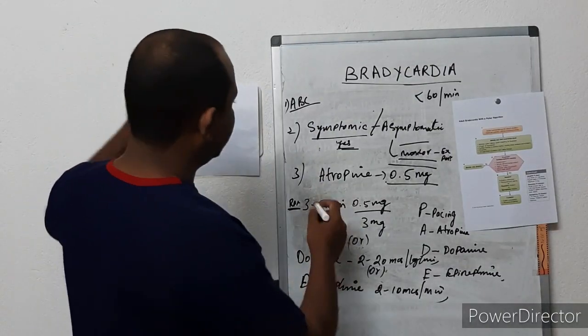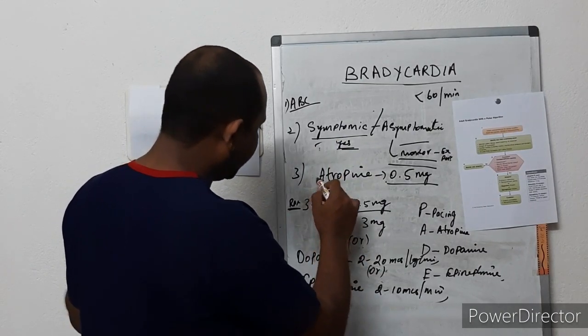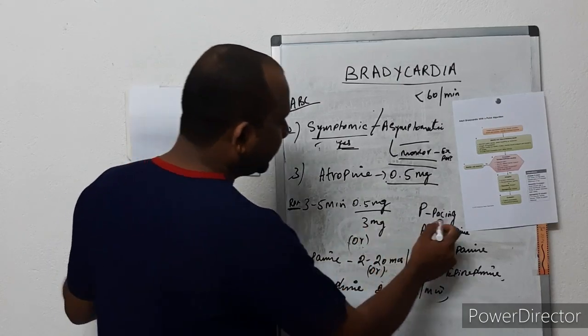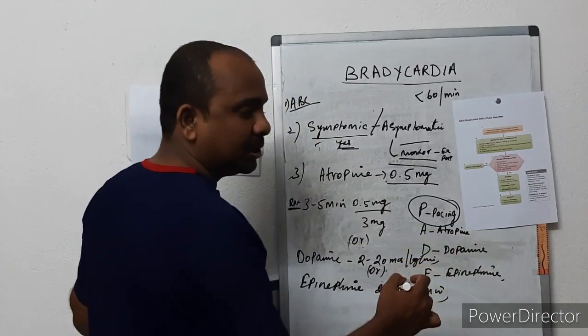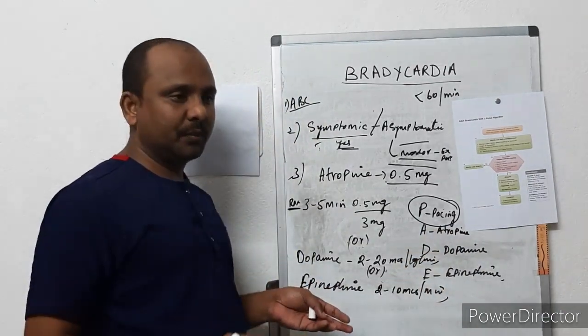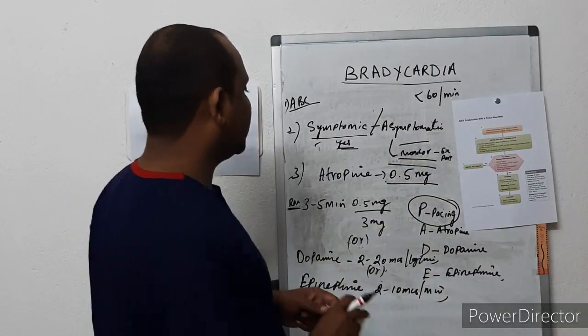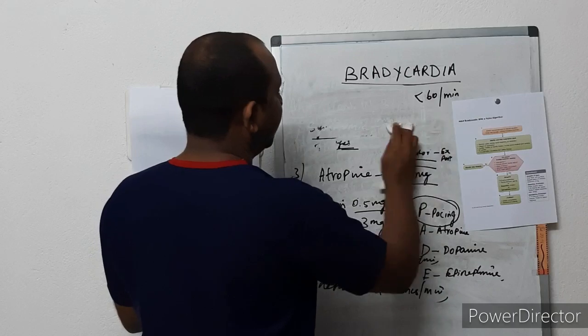Now we know what symptomatic bradycardia is. Now we know the treatment of choice: atropine, dopamine and epinephrine. Now we see about pacing, right? These are all drugs that you just load and give as an infusion or bolus, and that will work. So what is available with the pacemaker after stabilizing the ABC?